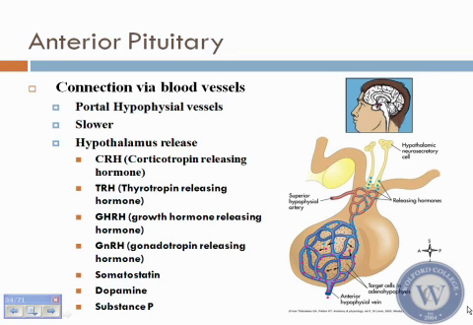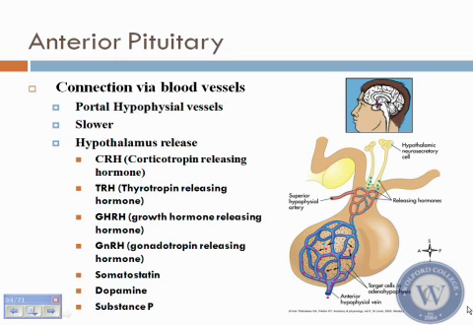So all those are being released by the hypothalamus into this portal hypophyseal system, which then showers down into the anterior pituitary, which then causes those cells to release their actual secondary hormone. Now, the way you pick up which one is from the hypothalamus is that if you look at the wording, almost all of them have releasing on it.